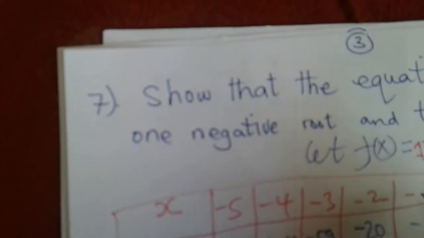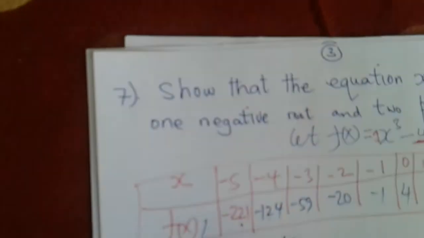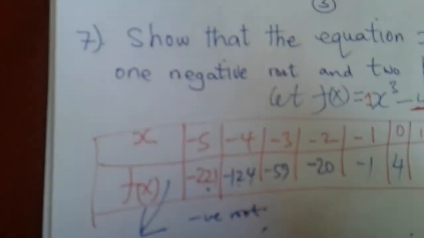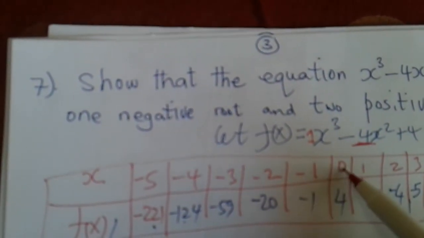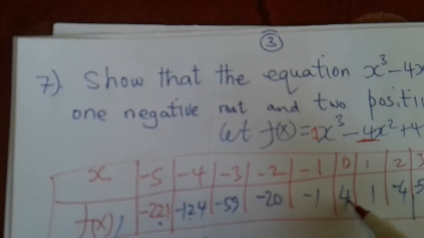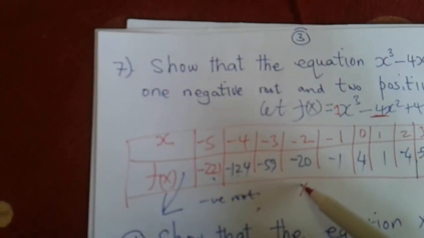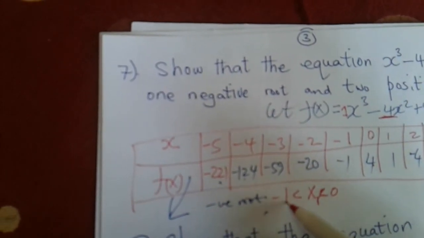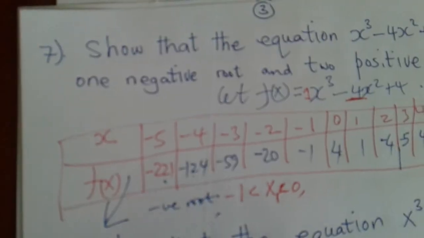Therefore, we can have a negative root in the range, which you can clearly see, between negative 1 and 0, where f of x changes sign. So the negative root will be in the range negative 1 and 0.